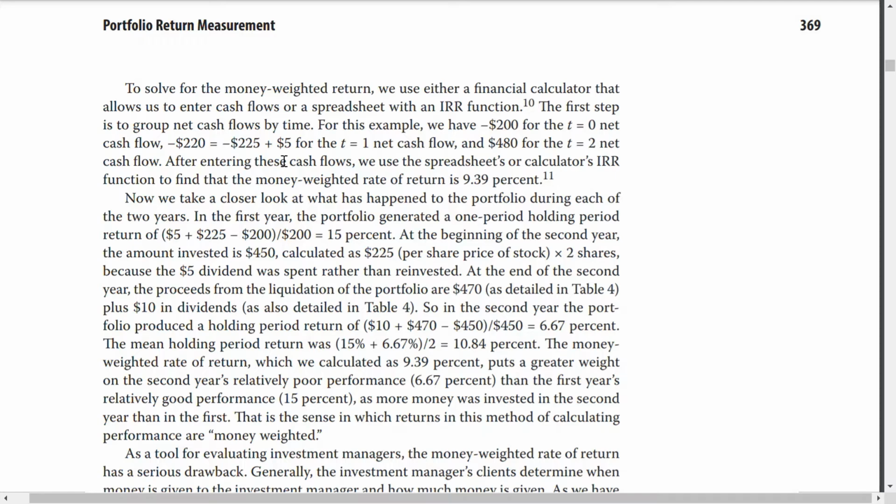After entering these cash flows, we use the IRR function to find that the money-weighted rate of return is 9.39%.